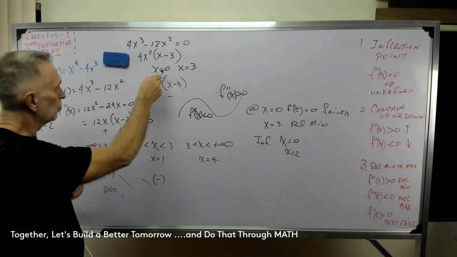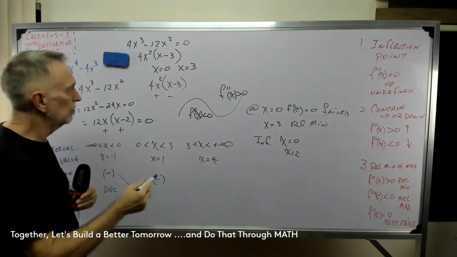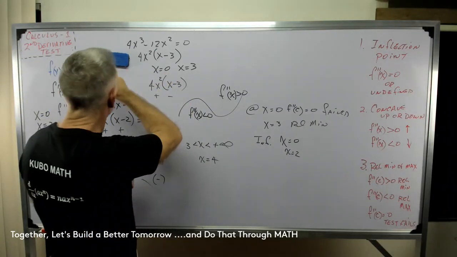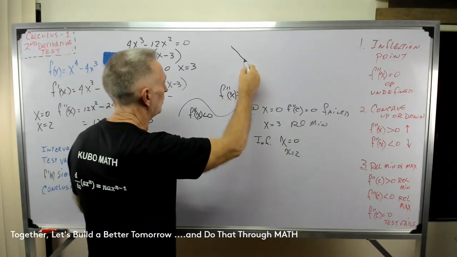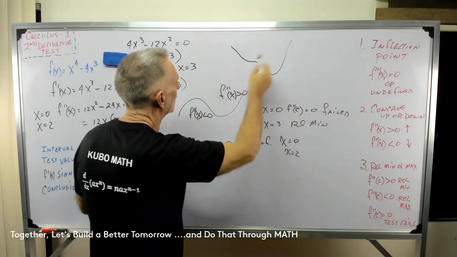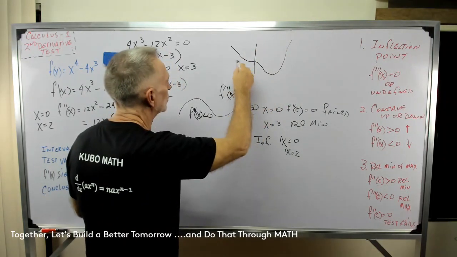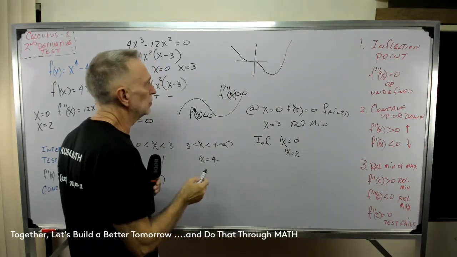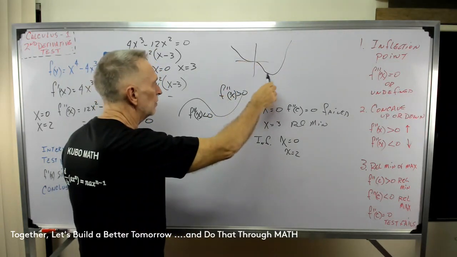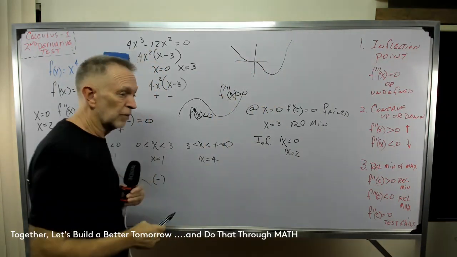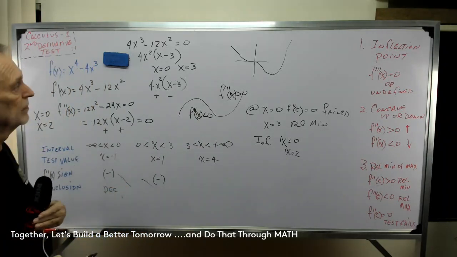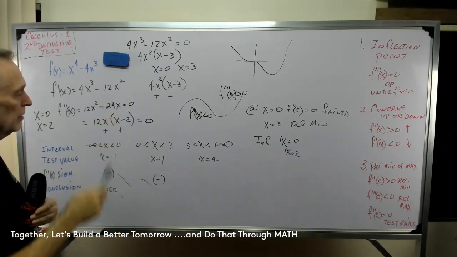Even though I had a root that made this equal 0, and I haven't graphed the function, maybe it looks something like this. And this is the point 0. It's not a relative minimum, but there is a derivative there. That could be the case.